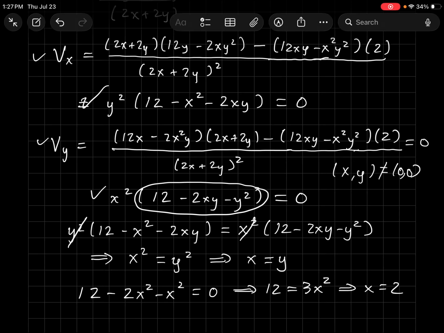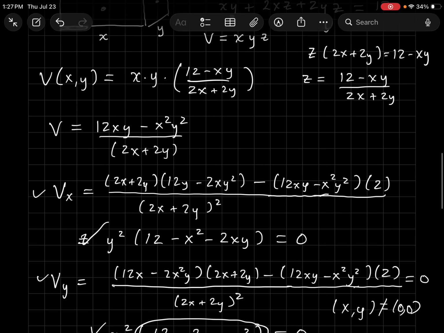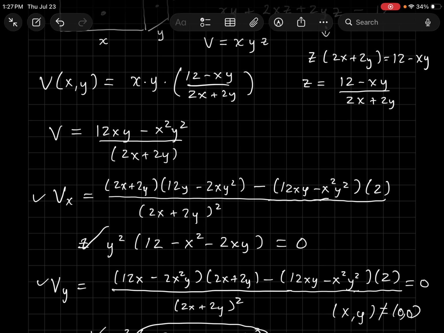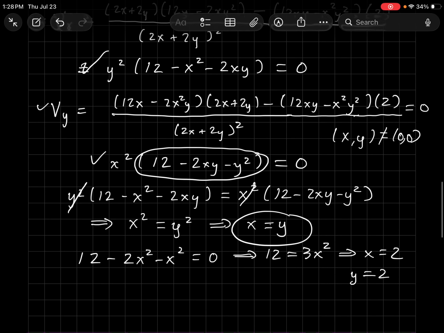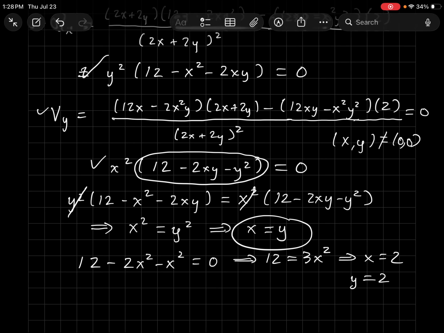Can't be negative 2 once again, but I know x equals y, so y equals 2. And then I could plug x and y back into my z. So z at 2, 2 is going to end up being 8 over 8, or 1. So the dimensions that maximize the box are 2 meters by 2 meters by 1 meter.